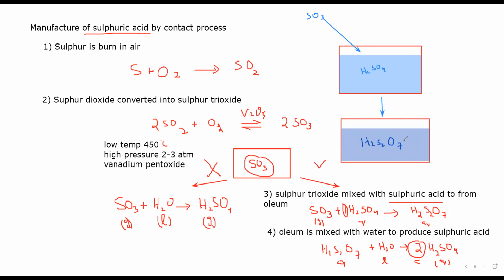That's called oleum. Then how do we make this oleum turn back into sulfuric acid? By adding more water to this. If we add more water, the oleum starts to decompose and form sulfuric acid molecules. Is it clear now? So we prefer the second method instead of the first one.